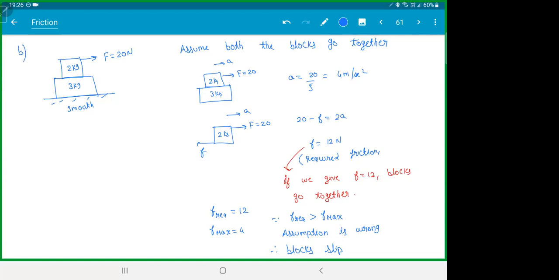The blocks are not moving together. Obviously, they're not going together, meaning they're slipping. They have relative velocities. Clear? Can I go ahead? Everyone? Ronak, clear so far? Niranjan? Clear? Neil? Yasha, clear with this? Udayan, got this? Next one.